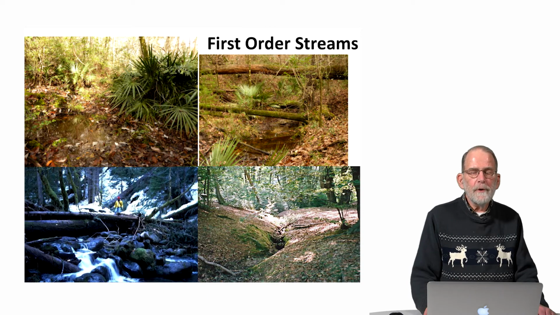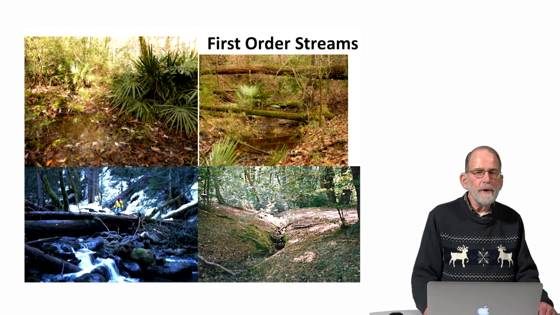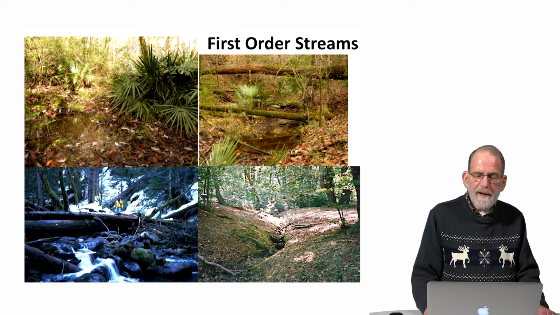Generally speaking, the first order streams and pretty much the second order streams are what we call intermittent or ephemeral. They are flowing only when there is enough precipitation or enough direct surface runoff or enough drainage from soil moisture to promote flow.